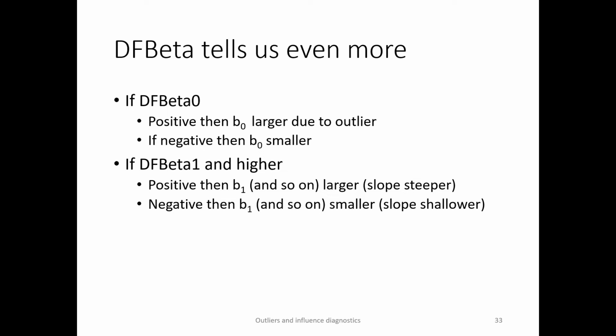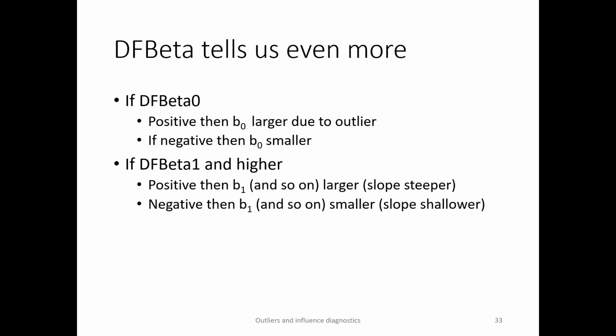Another very important result is looking at the DF betas for the slopes, whether it's DF beta 1, DF beta 2, DF beta 3, whatever the case may be. If you have a positive number for that DF beta, that's telling us that the slope is being made larger or steeper due to that influential observation.